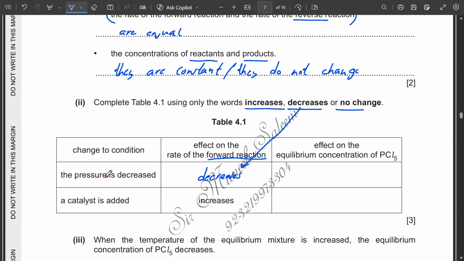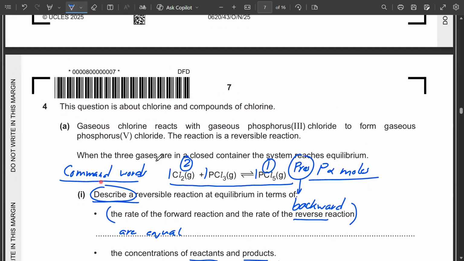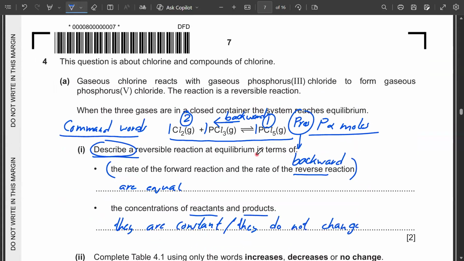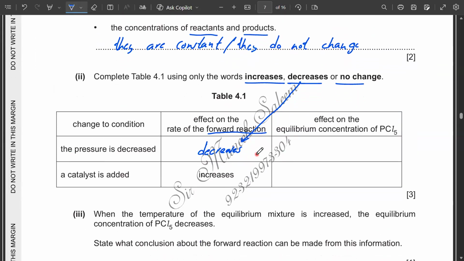By decreasing the pressure, the forward reaction will decrease because equilibrium has to shift to the reactant side, and reactant side means backward reaction. The question is also demanding the effect on the equilibrium concentration of the PCl5.